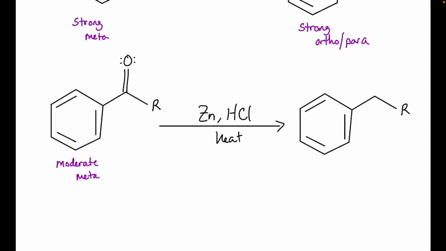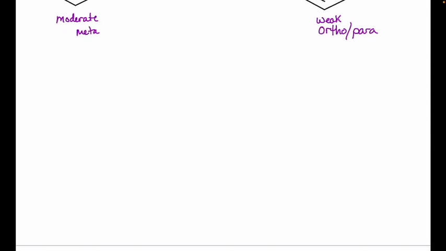And then we chop it off and we just have an alkyl group. Remember, alkyl groups were kind of weird, but they were ortho-para directors, and they were weak ortho-para directors. All right, we got 2 more to add to this list, but they're reactions that we already learned last chapter.